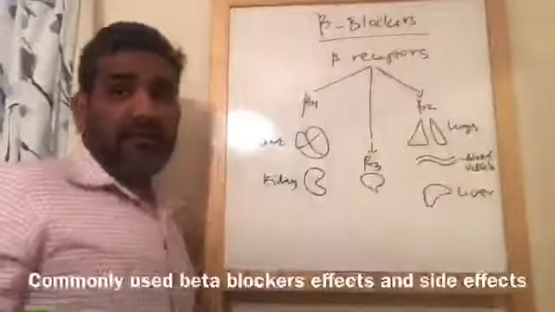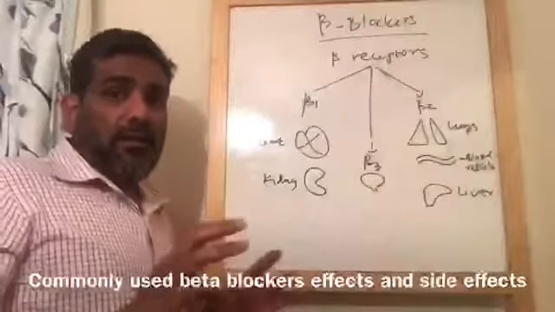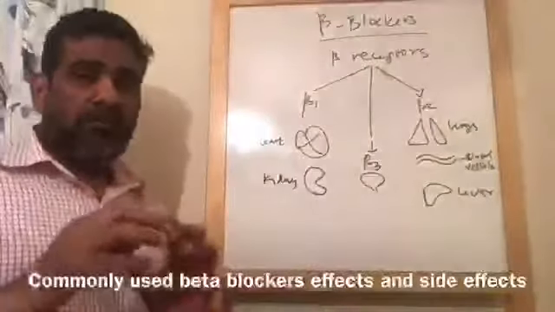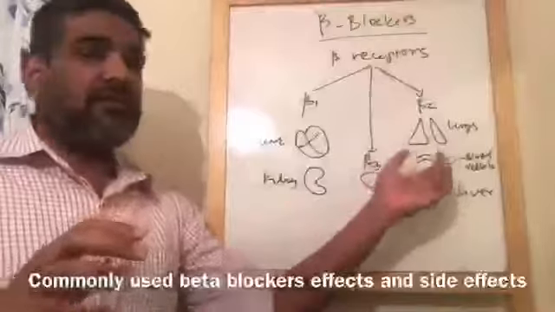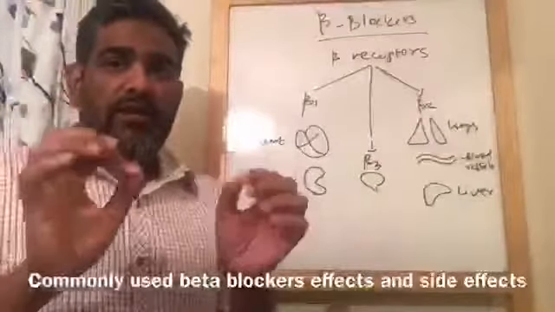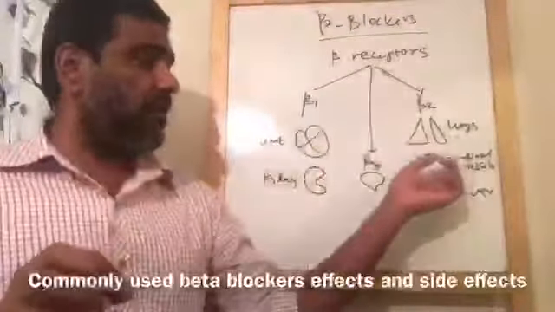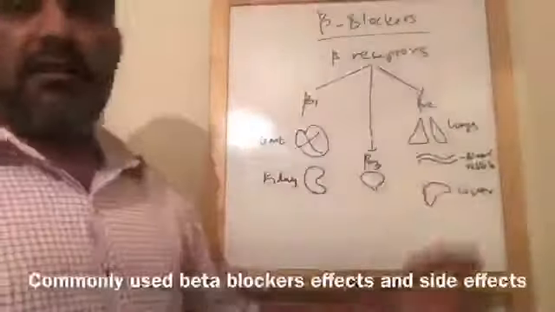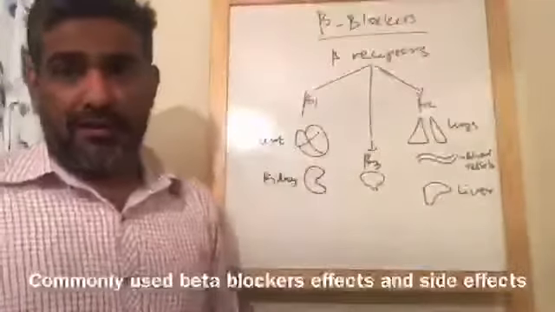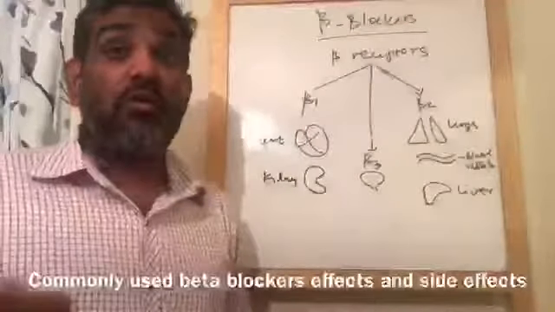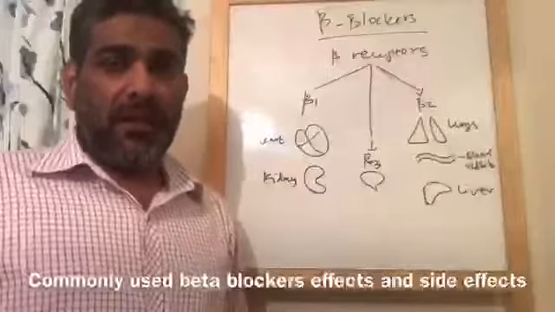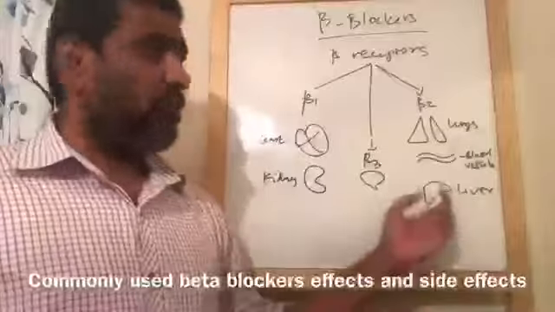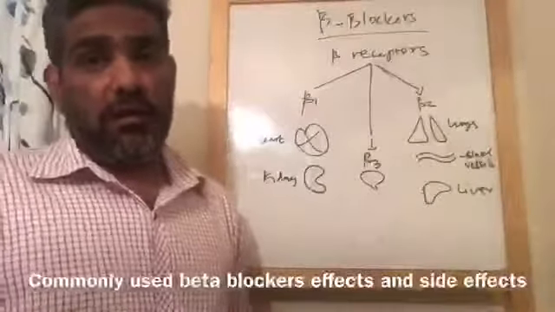In blood vessels, beta 2 agonists open up the vessels because of the beta 2 receptors there. In the liver, as you all know, adrenaline is a glucogenic hormone, and it increases the glucogenic effect through the beta 2 receptors.